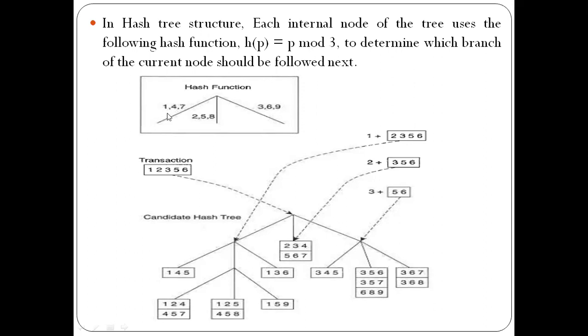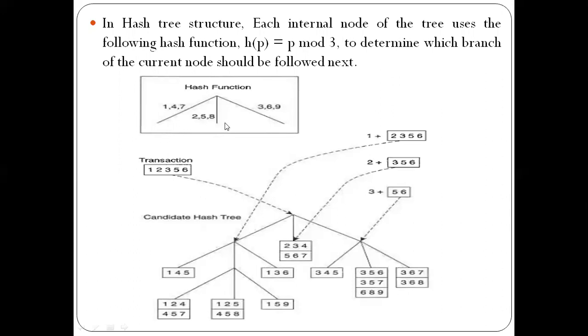We know that 1, 4, 7 are going to give the remainder 1 when divided by 3. So 1 mod 3 is 1, 4 mod 3 is also 1, and 7 mod 3 is also 1. So we will hash these 1, 4, 7 to the left subtree of the hash tree.